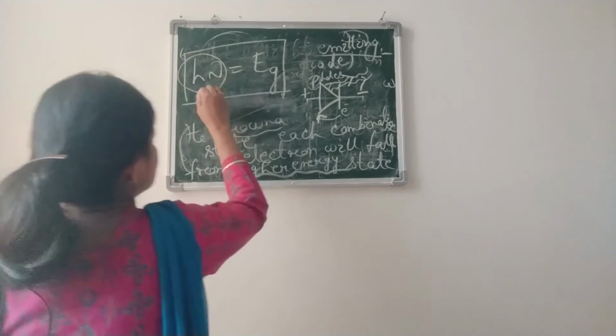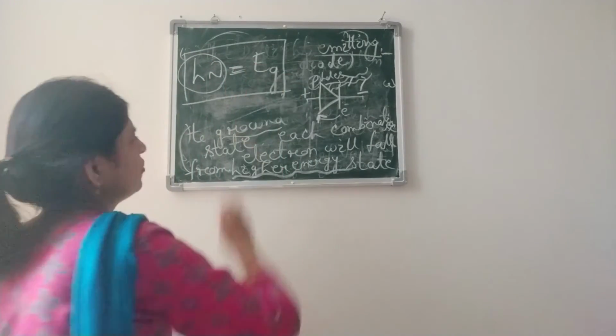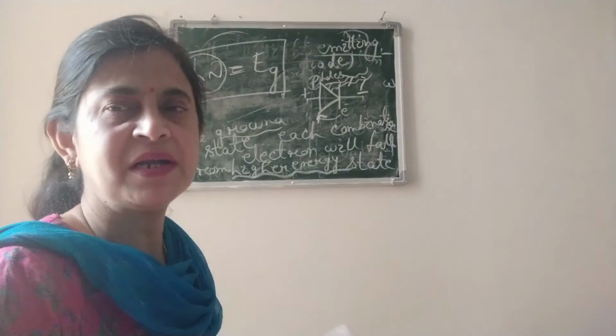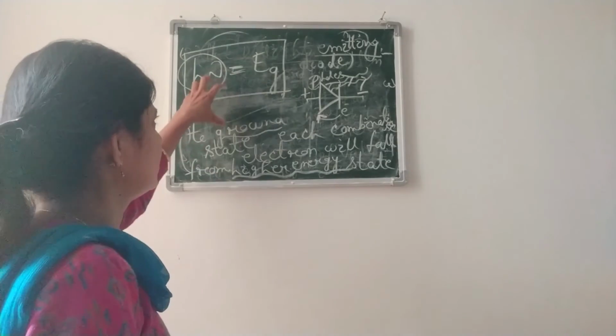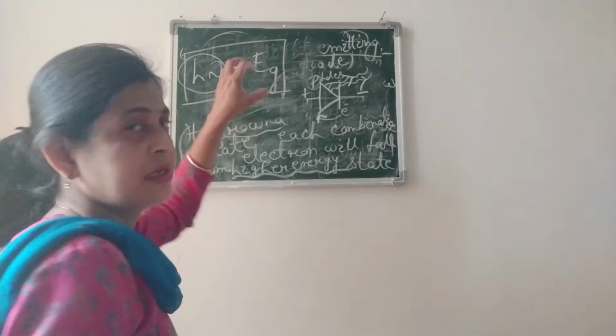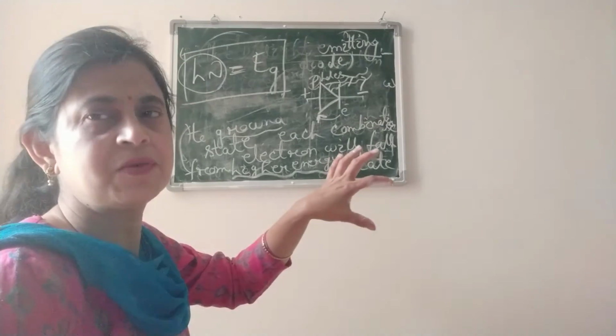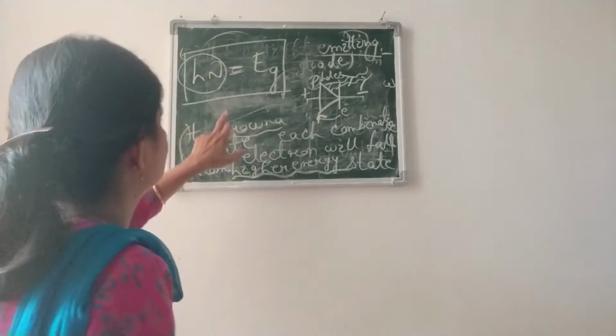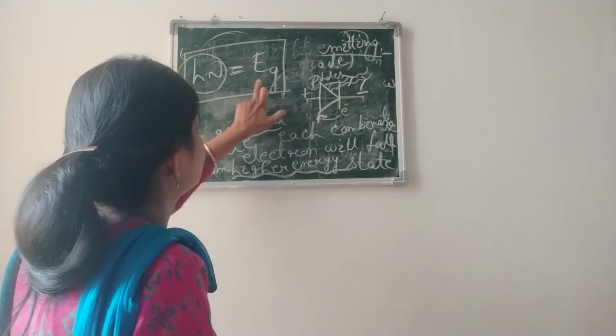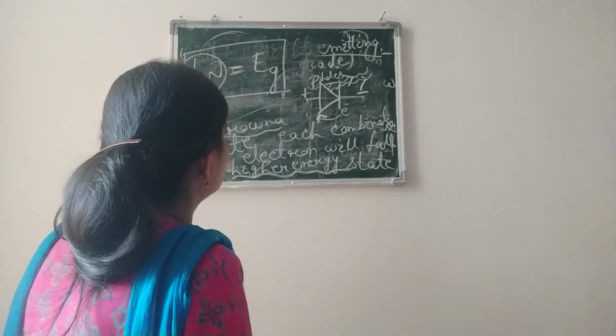The total energy is equal to the forbidden energy gap. But remember, in the case of the photodiode, h nu will be greater than the forbidden energy gap. So, when h nu is equal to Eg, what will happen?